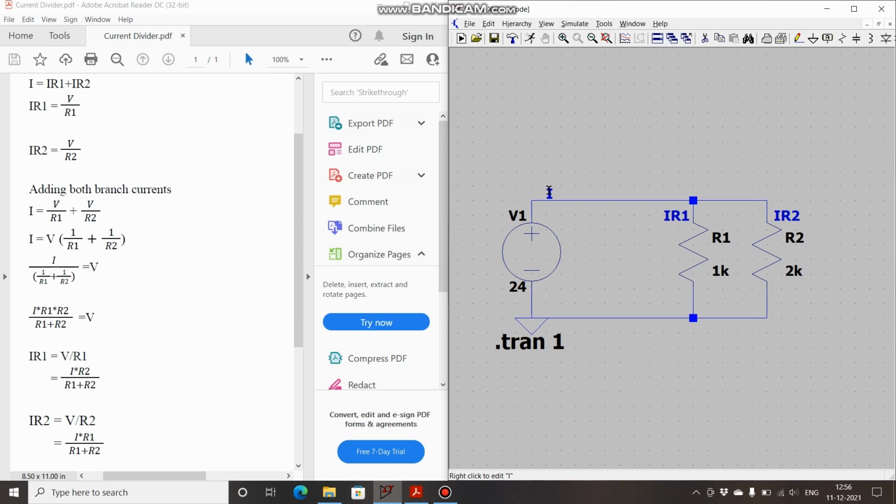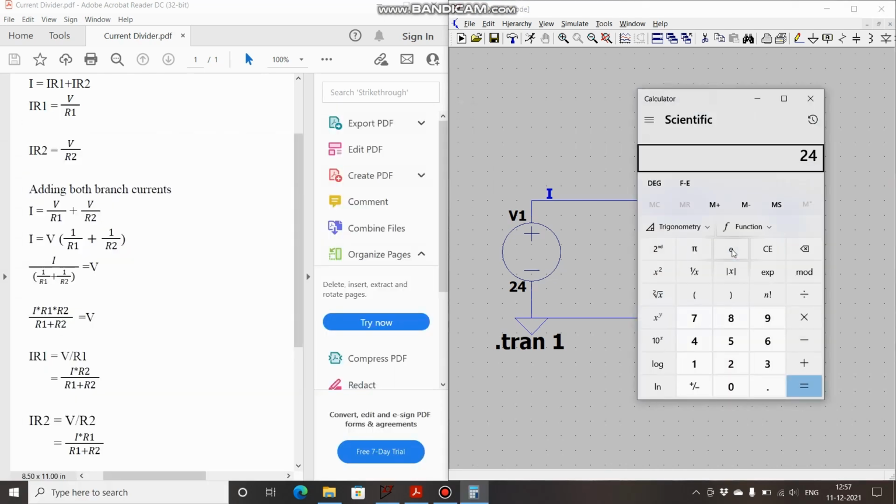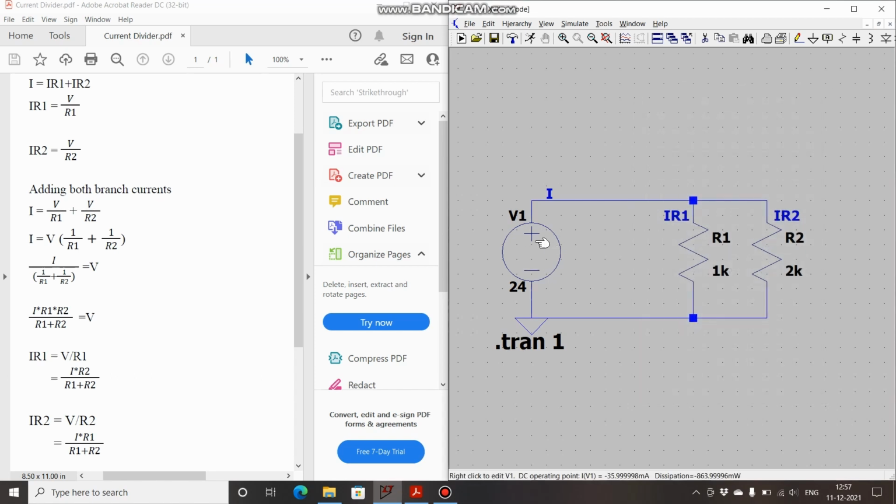So the total current supplied by this source is going to be 24 divided by 666.67, and let's see how much that is. 24 by 666.67, that is 35.99 milliamps, so we can consider 36 milliamps. So the source is supplying 36 milliamps, and it is getting bifurcated to two branches.